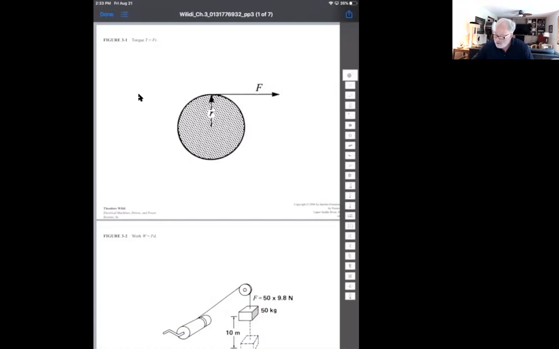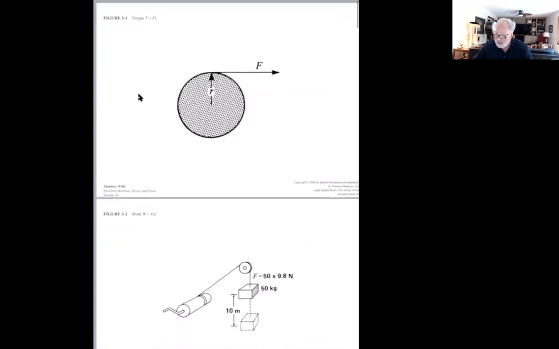The point of application is right here in the slide. That's the point of application. And this is the distance, the radius, to that point of application.